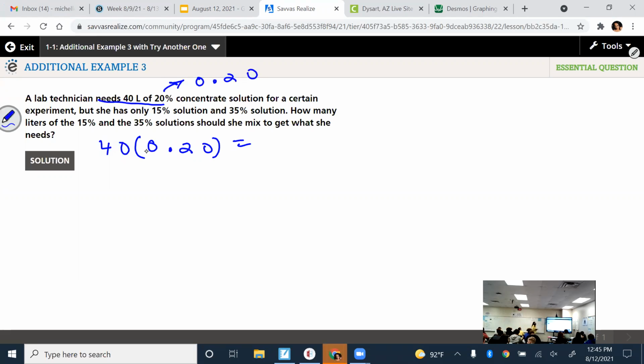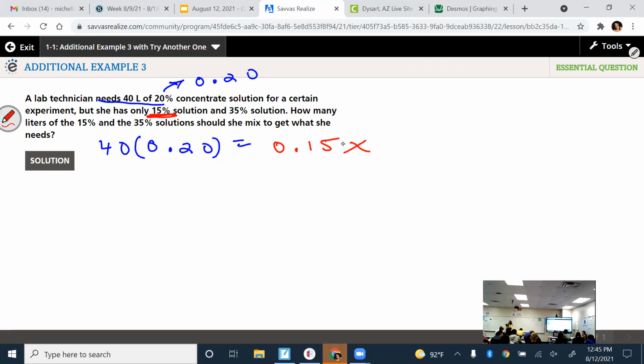So let's start with the 15% solution. How do I write that as a decimal? 0.15. And do we know how many liters of that one she needs? So I'm gonna give it a variable, x.